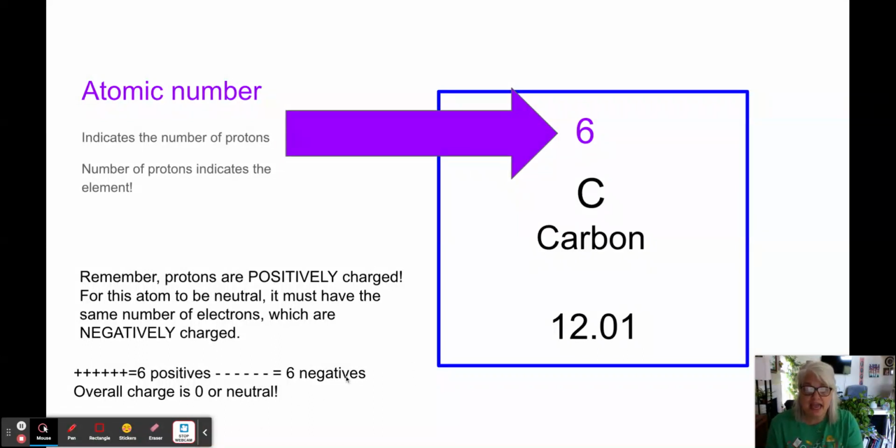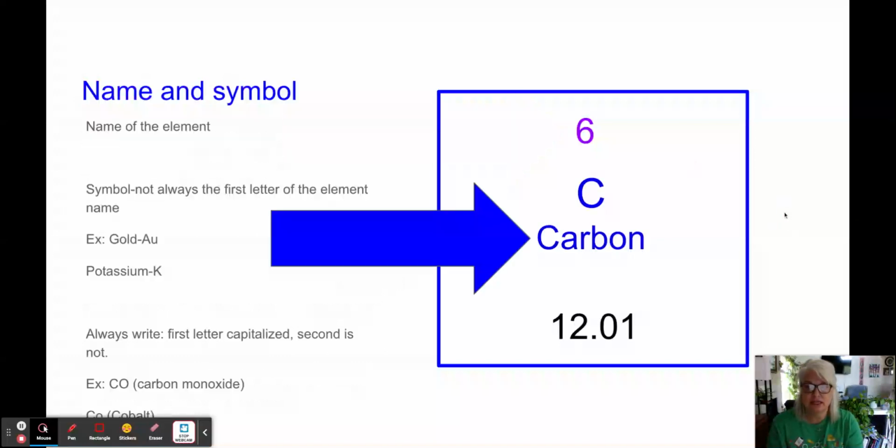So that means I have 6 electrons in the cloud outside of the nucleus, because remember, electrons are negative. Those have to balance each other out to create a neutral atom. So the atomic number, unless I tell you otherwise, tells you how many protons and how many electrons. So carbon has 6 protons and 6 electrons.